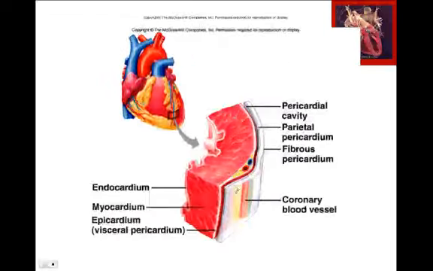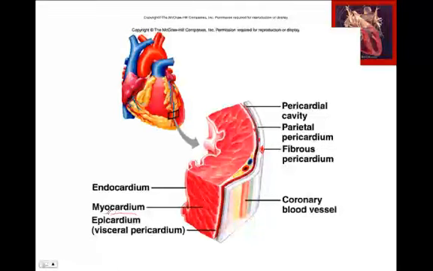So here you can see, again, this shows you all the layers. You start with the fibrous pericardium out here. Then just to the inside of that is going to be the parietal pericardium. Then we have the pericardial cavity here that's filled with that serous fluid. Then the innermost lining here, lining the heart, is going to be the visceral pericardium, or also called the epicardium.